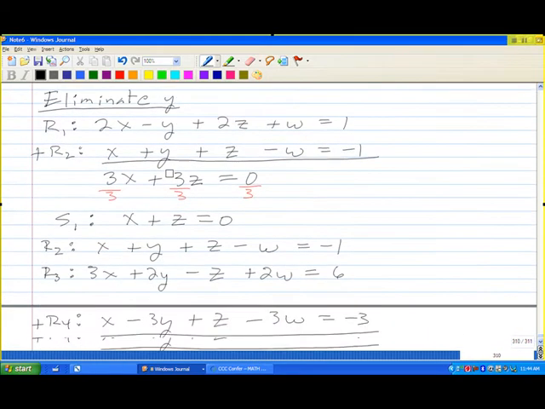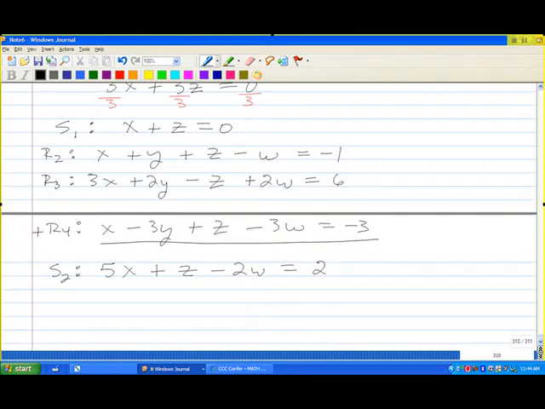So let's take 2R1 plus R3. I get 4x minus 2y plus 4z plus 2w equals 2.